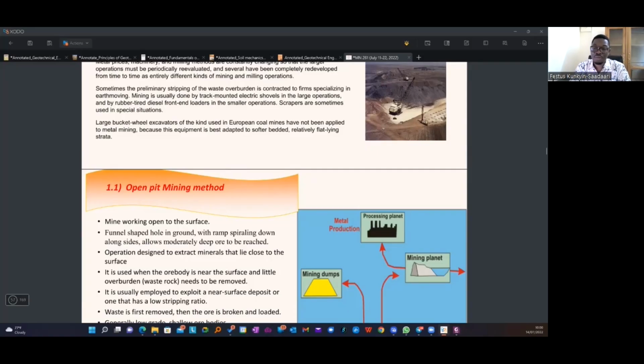We don't have soft materials here to mine with such excavators. And we even have excavators that use electricity. But in our part of the world, electricity is not as stable as that, and it's not that cheap because we are not the main producers of it. And so you cannot go and buy an excavator that uses electricity. If you do that, you spend too much. And so we rely on diesel for much of our activities in the mine.